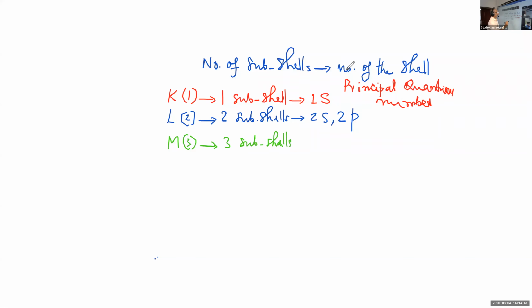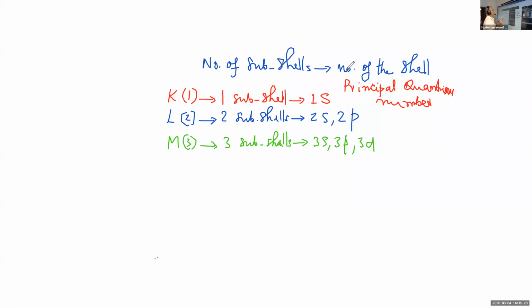The 3 subshells are S, P, and D, named 3S, 3P, and 3D.